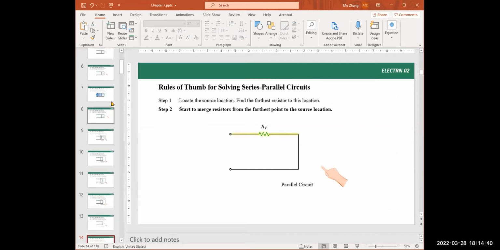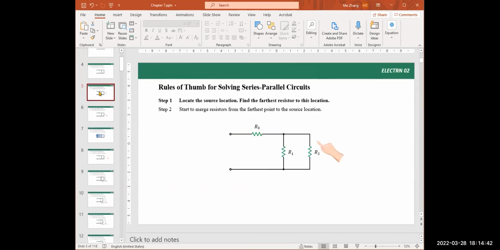So let's step back. Earlier I skipped many slides, so don't skip them. I'll explain from here. Here is R2, and as you can see from earlier slides, we need to merge resistors.